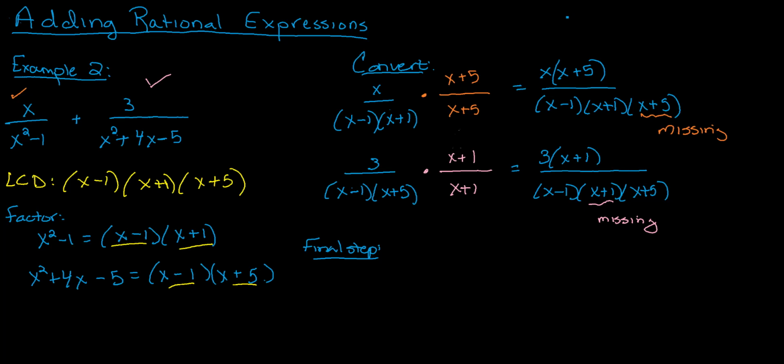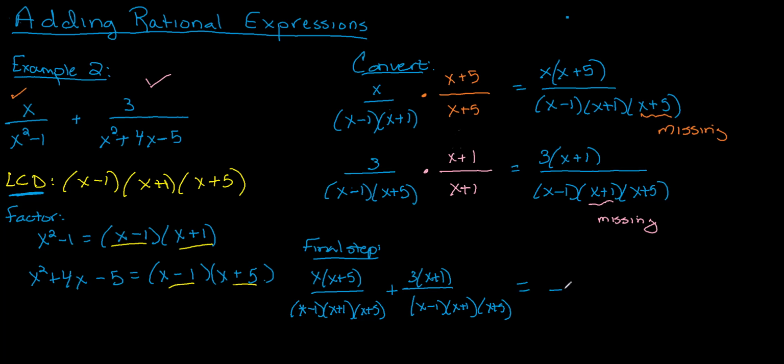We are going to write down all of the details. The first fraction was x times x plus 5 over my least common denominator, x minus 1, x plus 1, x plus 5. If that gets too tedious to write, you can just use the phrase LCD, but it is good to write everything out. The next fraction was 3 times x plus 1 over the least common denominator. Okay, final answer: everybody over the least common denominator.